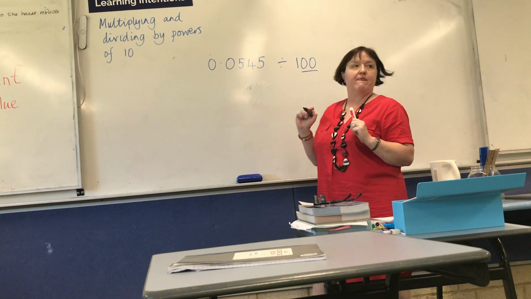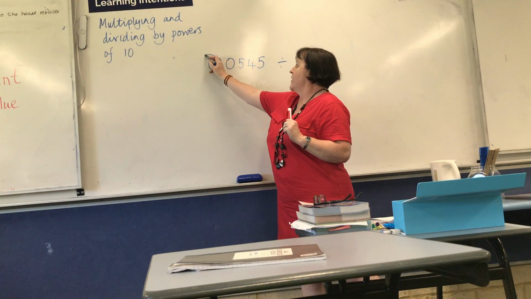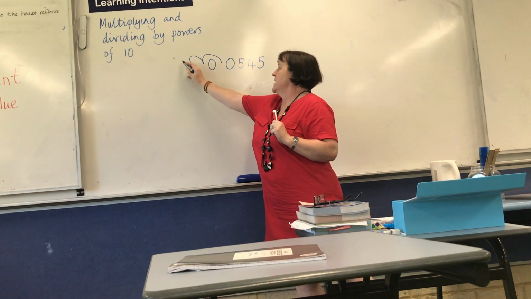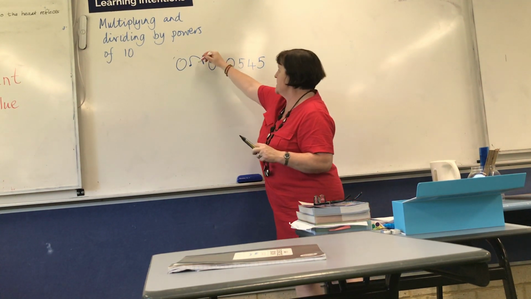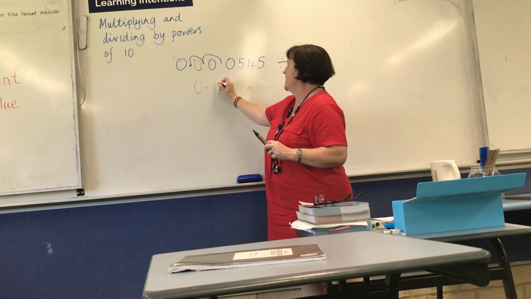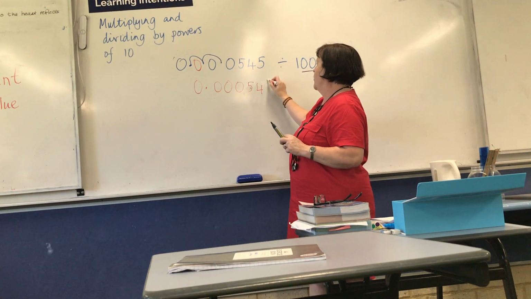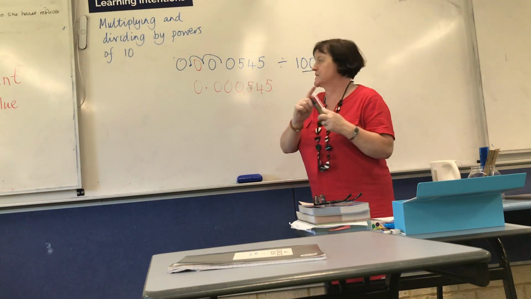Well done. You're dividing it, so you have to move the decimal place, theoretically, 2 places to the left. 1, 2. Very good. And then you add placeholding zeros. Yeah, well, we've got a 0 there already, haven't we, that we don't need to add, so we just add the 1. So our answer is 0.000545.